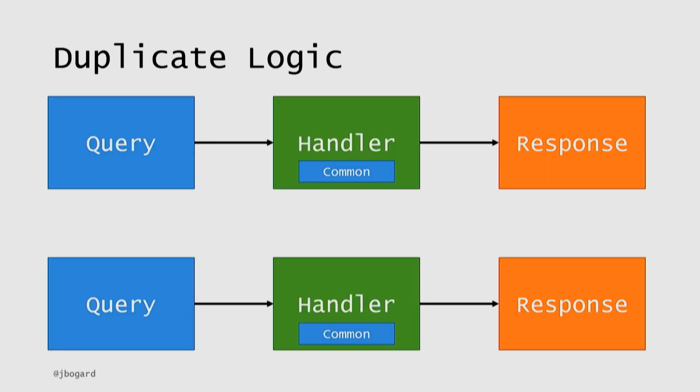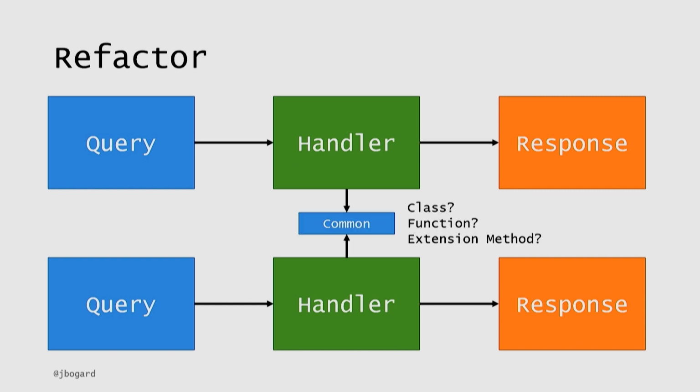Is it actually duplicate, or does it just look the same, kind of accidental duplication, but not actual real duplication of common logic? For those cases, I have to look at the best way to pull that common logic out. I could put it in a separate class, a function, or an extension method. It's really up to me exactly how I decide to pull it out.